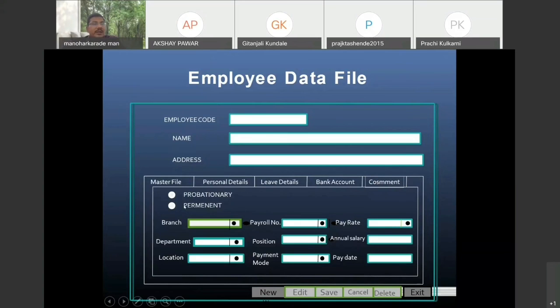Then branch, department, location, payroll management, position, payment mode, payment rate, exactly what the payment rate is, whether it is wages or salary, then what would be the grade pay. Whether it is 6th pay, 7th pay in case of public or government employees, annual salary, payment date, and then new, edit, save, cancel, delete, exit. So all these will be created in your software system, which will give you a complete understanding of the payroll system.